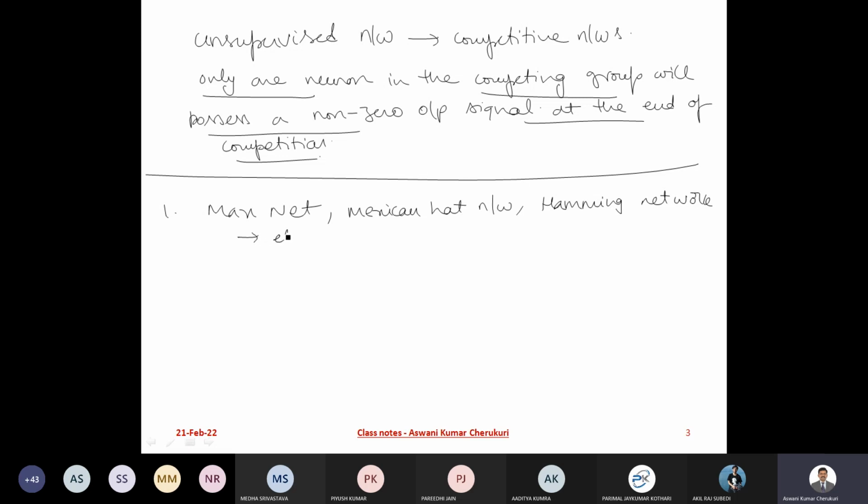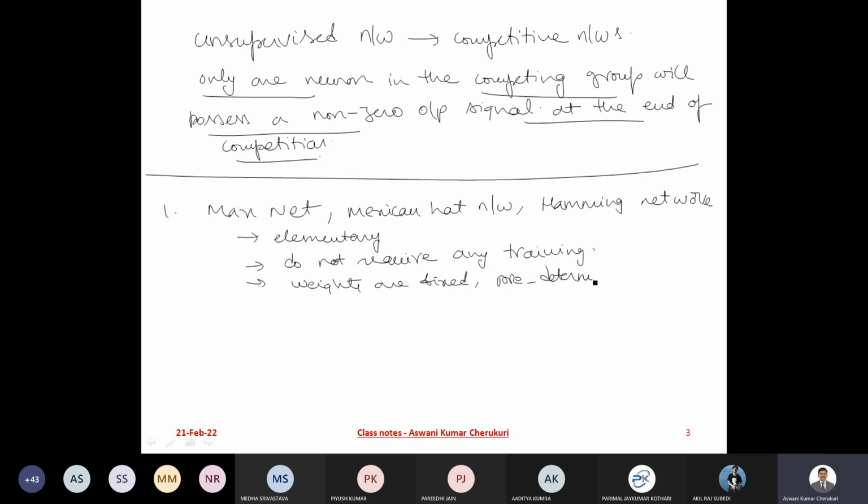Basically these are elementary in nature, and they do not require any training. When you say that there is a training, what is happening? Can somebody tell me? We are modifying the weights. So when I say that it does not require any training, what does it mean? It means your weights are fixed and predetermined.